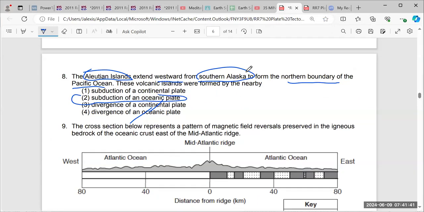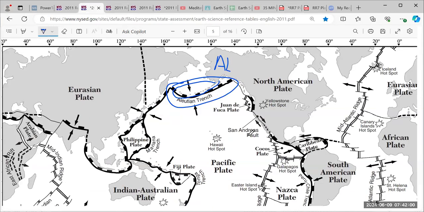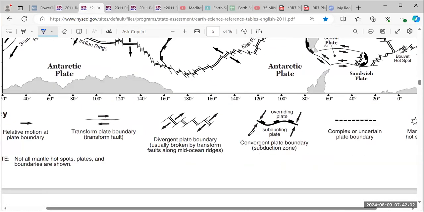And we always know, just in general, when an oceanic plate is coming into contact with a continental plate during a convergent plate boundary, the oceanic plate is more dense. So it's going to subduct or sink under, right? And for every convergent plate boundary, you'll see on page 5 it is also labeled subduction zone. All right.